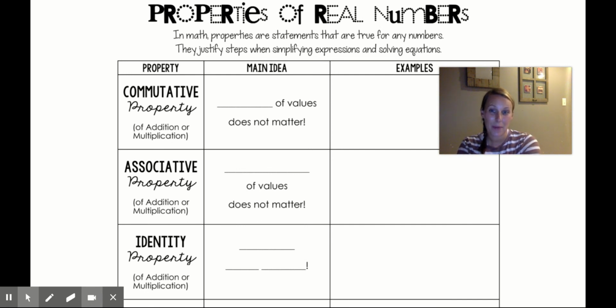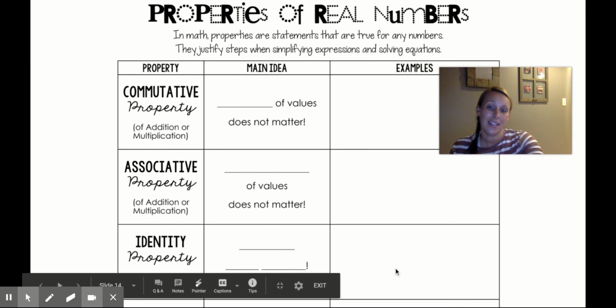But these are properties that are true for any numbers. So they justify steps when you simplify an expression or when you are solving an equation. These are the things that we have to go back to and remember and apply anytime we're doing math with numbers. So find this in your packet.